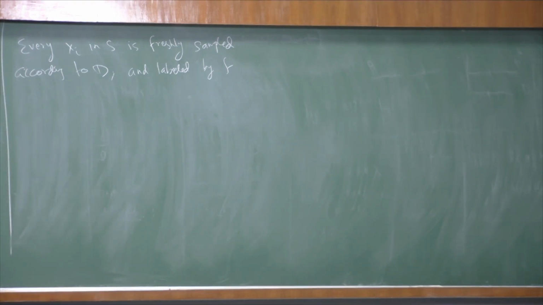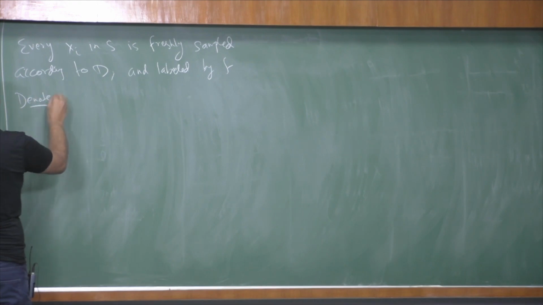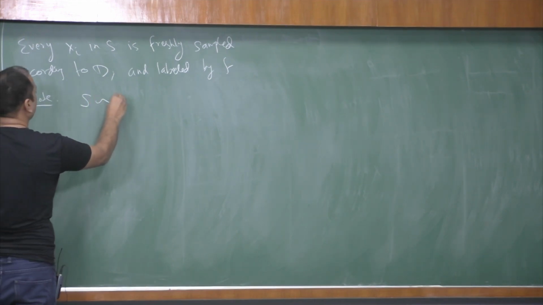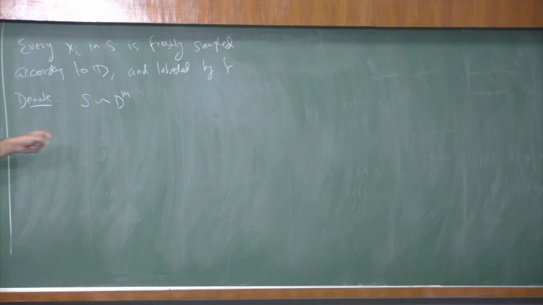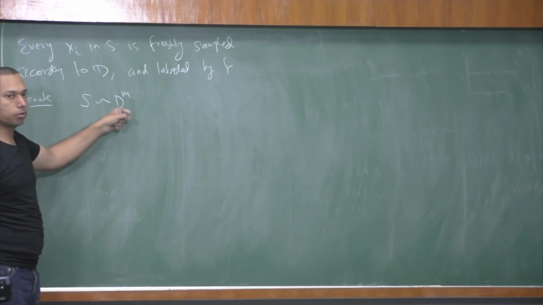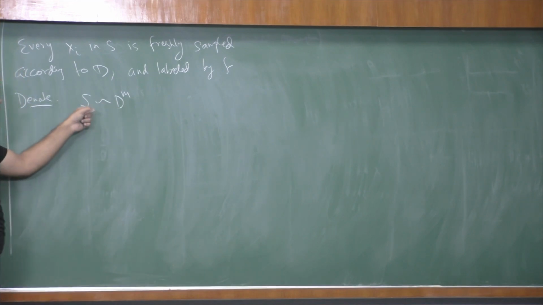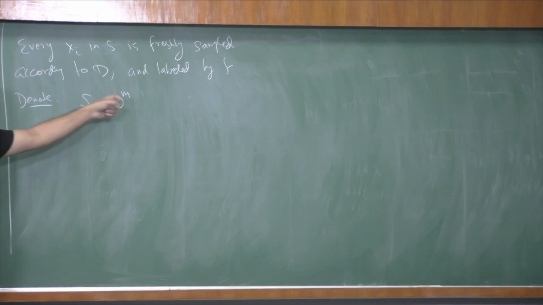We denote this assumption by saying that S is sampled from D^m. This notation says that since a sample has m instances, I took a Cartesian product, saying each instance comes from D. The first one came from D, the second one came from D, and so on. This is just a notation.